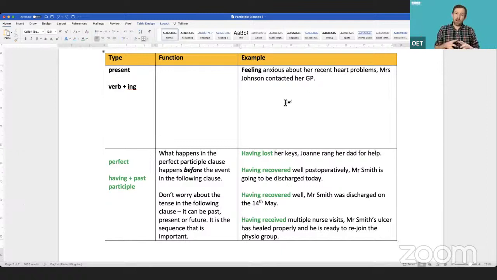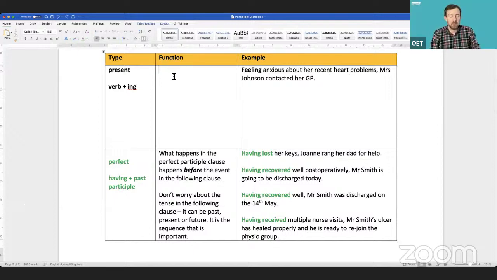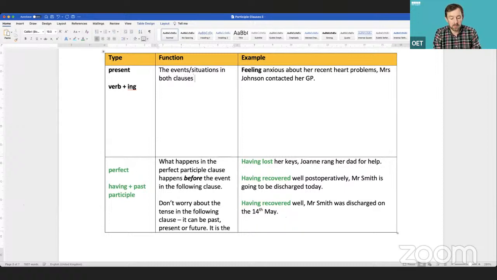So you could say, having felt anxious about her recent heart problems for 2 or 3 days, she rang her GP. What you're saying there is that the anxiety came first and the call came second. If you say feeling anxious about her recent heart problems, what you're telling me is that they're true at the same time. The events or situations in both clauses are simultaneous.